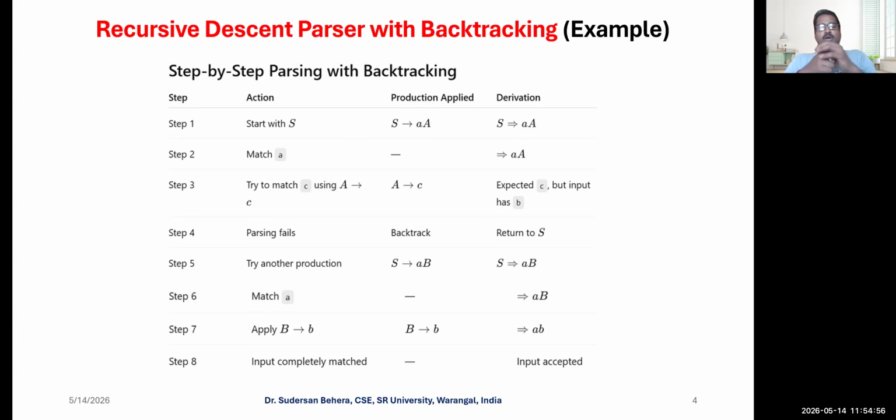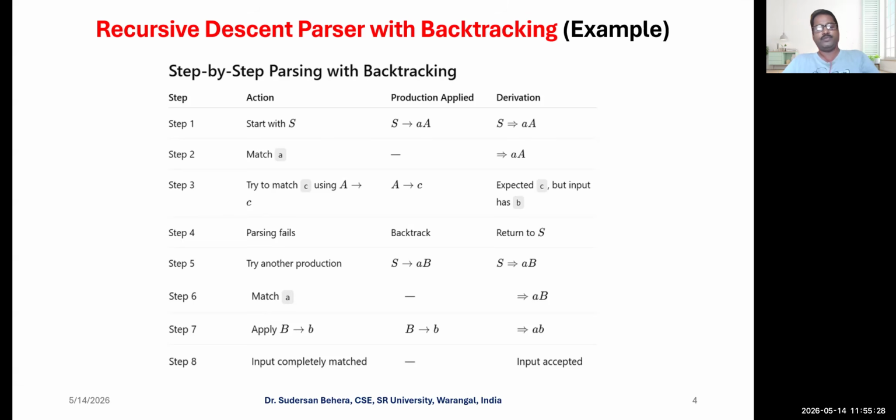Step 2, it matches the input buffer, because in the input buffer the input string is loaded, that is AB. The parser needs to derive that string from the grammar. So it will read the first a from the input buffer and match it with the sentential form, small a followed by capital A. A is matching, verified, the parser moves on.